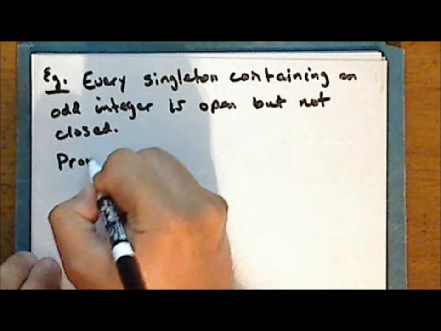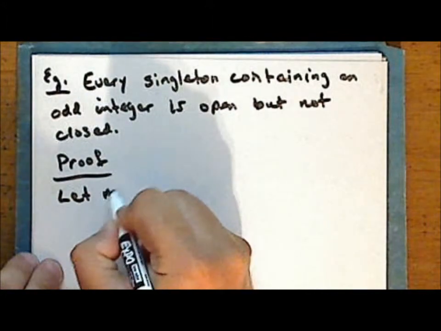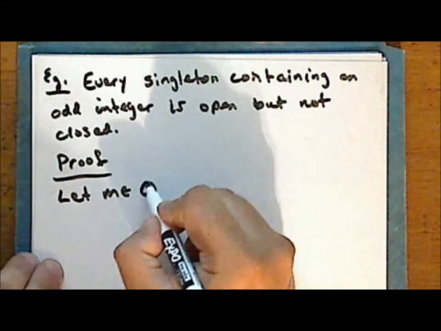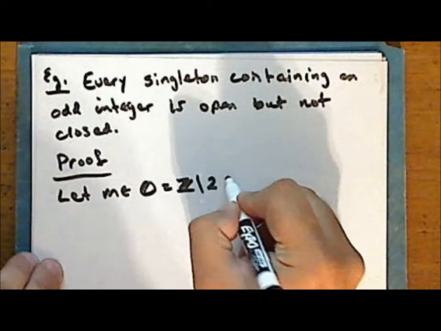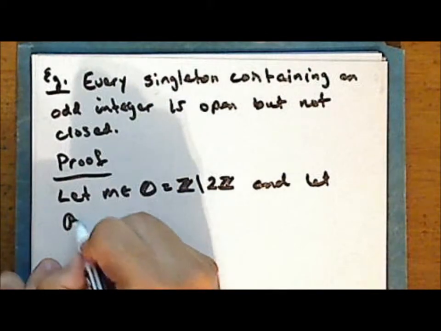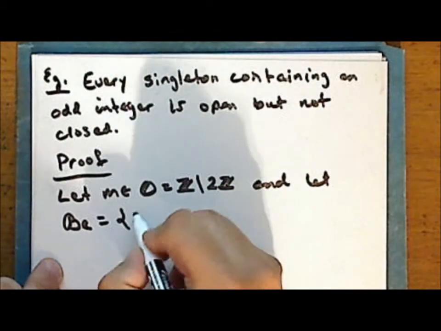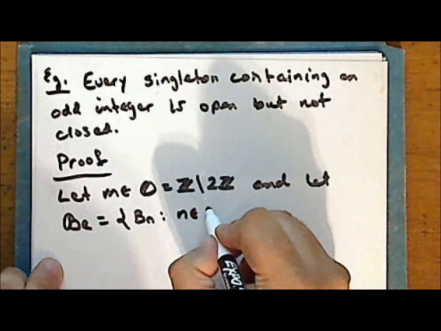So proof, let m be an odd integer and let the collection script B sub E be those basis elements for the even integers.